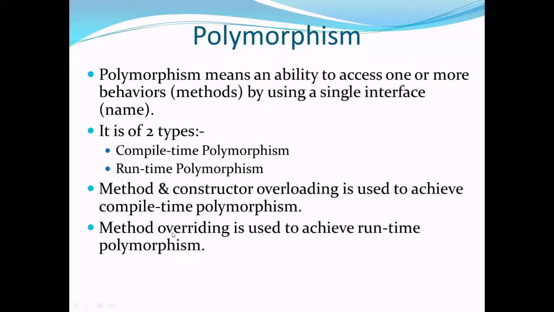It means to override a method, the first requirement is that there must be inheritance. Clear? So before going to inheritance, I need to explain a few more important things, and it is called access modifiers.